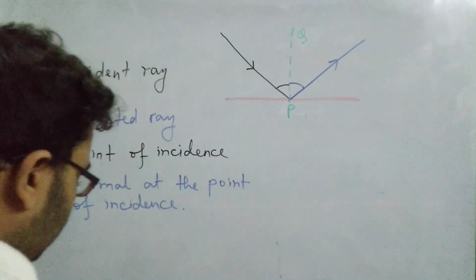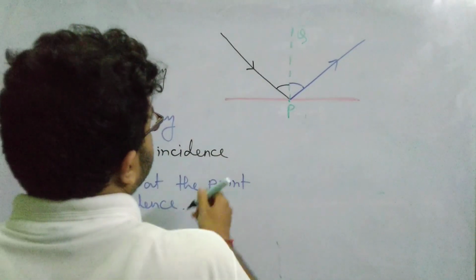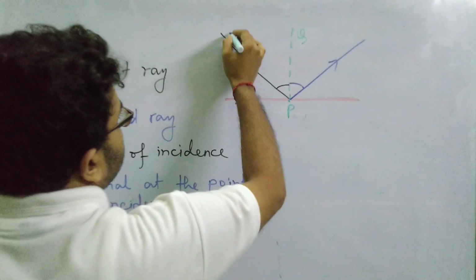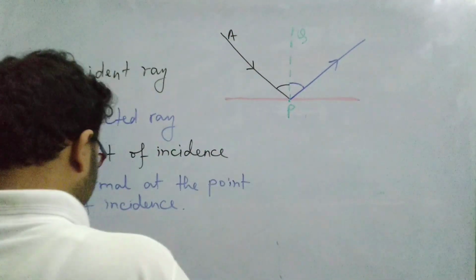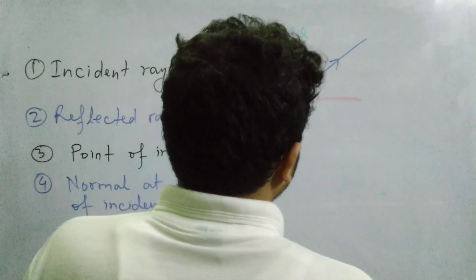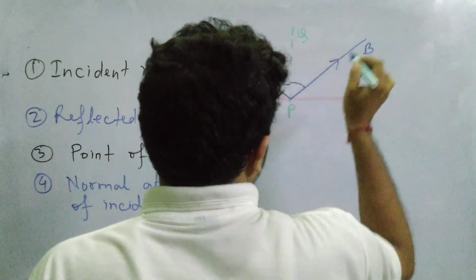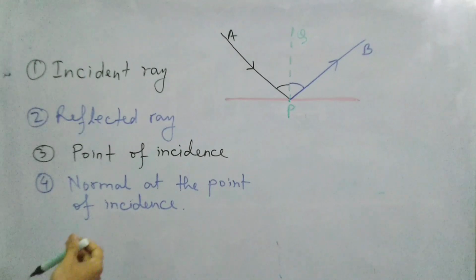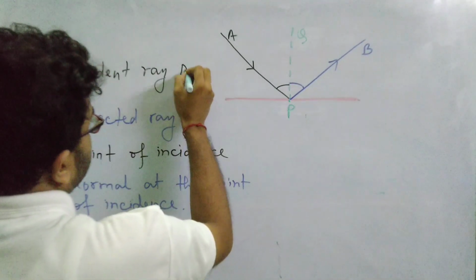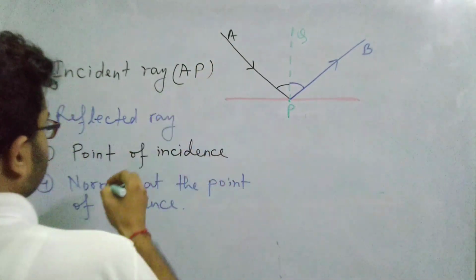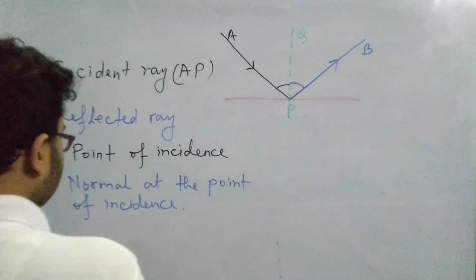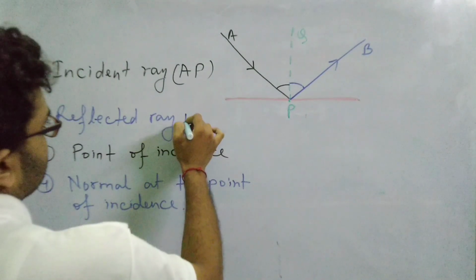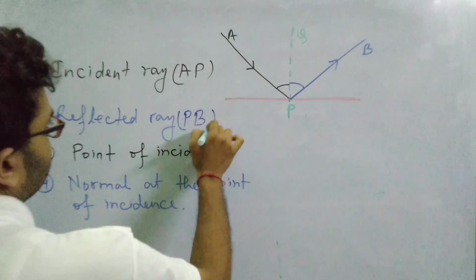Say the incident light ray here is denoted by A, and when it goes out it is denoted by B. So the incident ray in the figure can be written as AP, the line AP. The reflected ray is the ray PB, or the line PB.